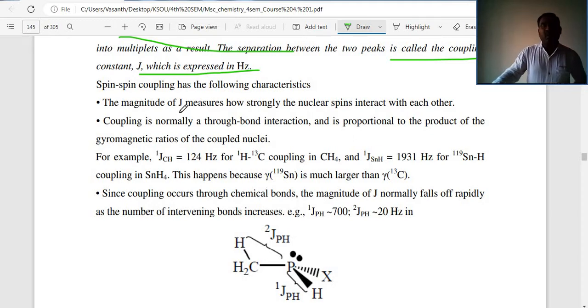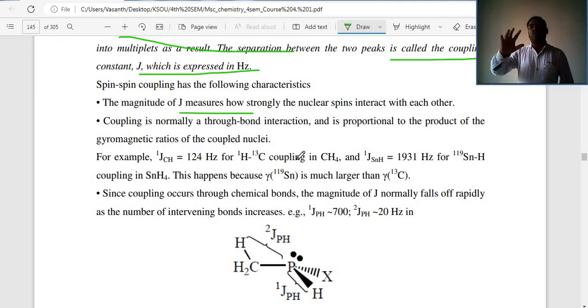The magnitude of J measures how strongly the nuclear spins interact with each other. Coupling is normally a through-bond interaction.